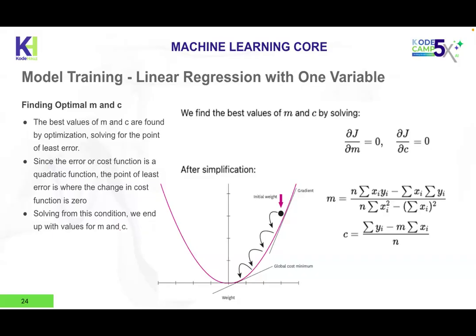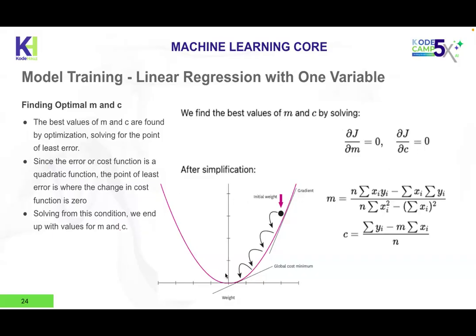They are not coupled in any way, mathematically or otherwise. So we can adjust M to a point where the change in the cost function with respect to M is zero. And we do that math. We can also adjust J to a point where the change in the cost function, which is del J, with respect to the constant C, which is the second parameter, is also zero.